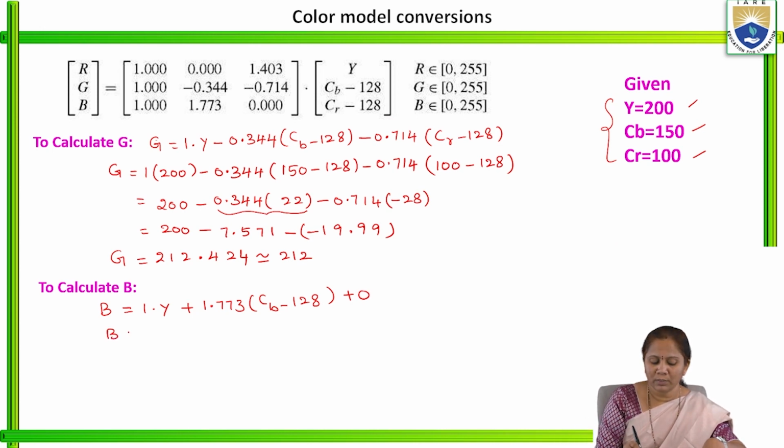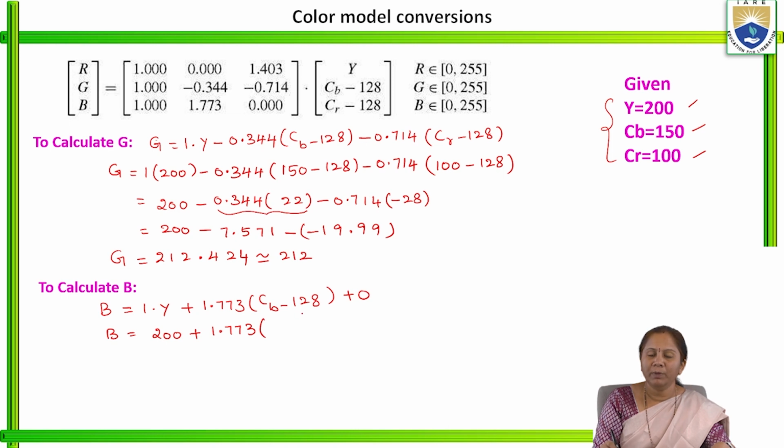Now substitute the values of Y and CB. The value of Y is 200 plus 1.773 into CB minus 128, where CB is 150 minus 128.